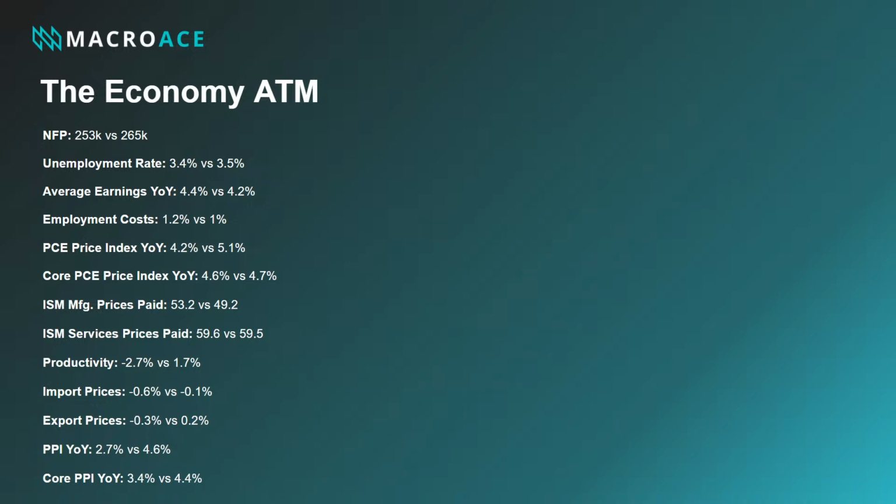The PCE price index is coming down nicely, at 4.2% compared to 5.1%. Core PCE prices are a little bit stickier, but still coming down at 4.6% compared to 4.7%. ISM manufacturing prices paid were 53.2 compared to 49.2.